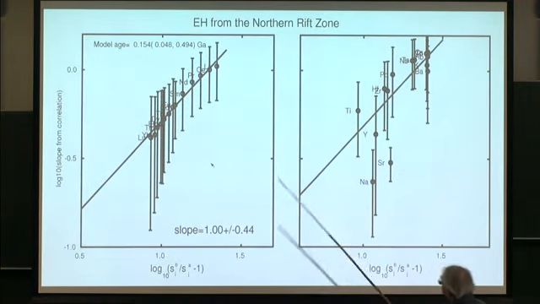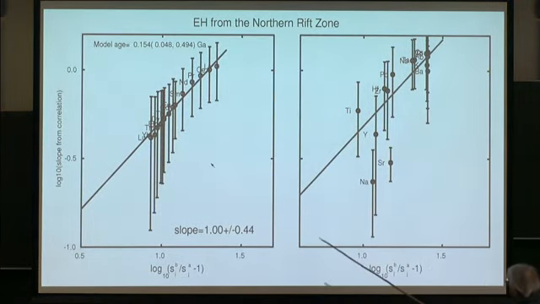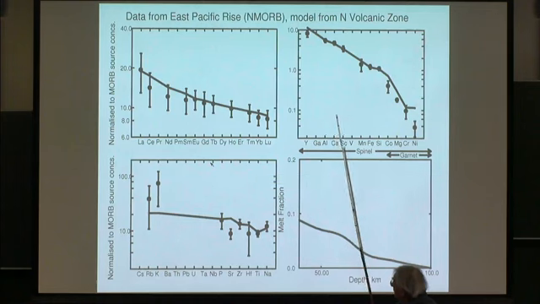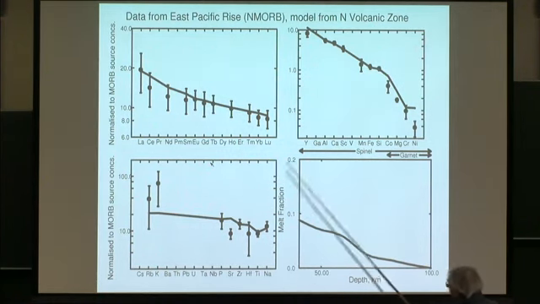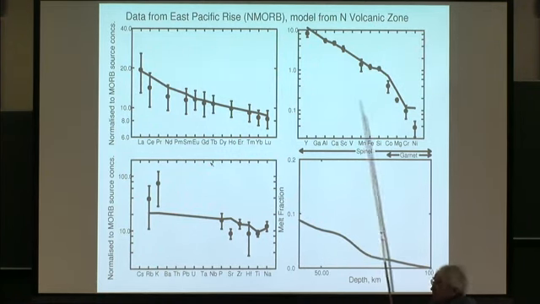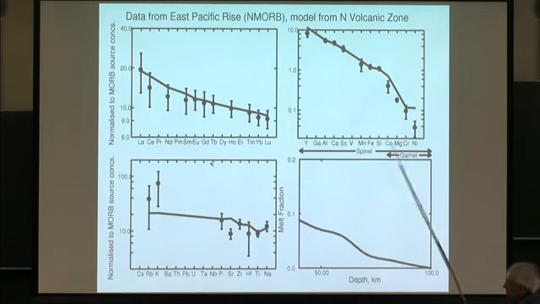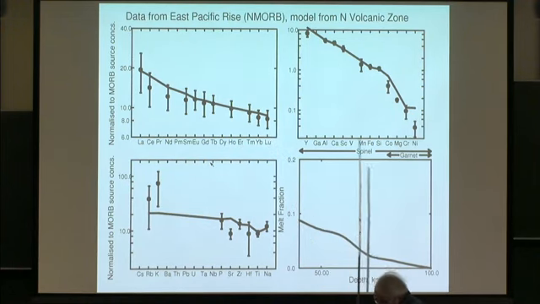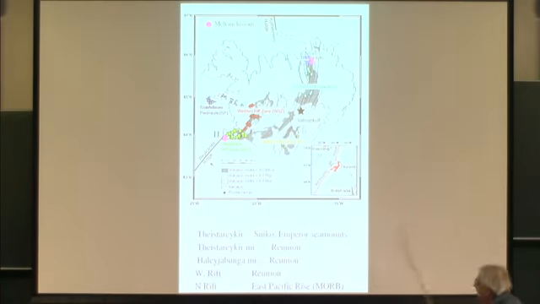Right. Here's the Northern Rift Zone, and now the situation is rather different. You can get a slope of 1, right? But what you now need is this now fits with MORB melting. This looks like a MORB. The source is with MORB melting. So we can actually see over Iceland the whole.